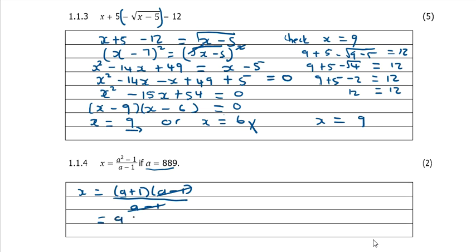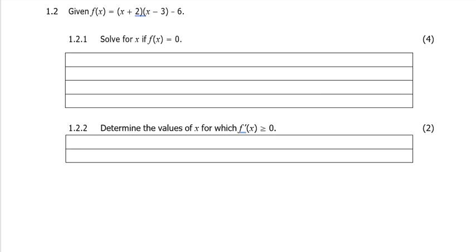And we are left with a plus 1. We're told the value of a is 889. So we're going to add 1 to that. So our final solution for x will be 890. Let's move on to the next question.